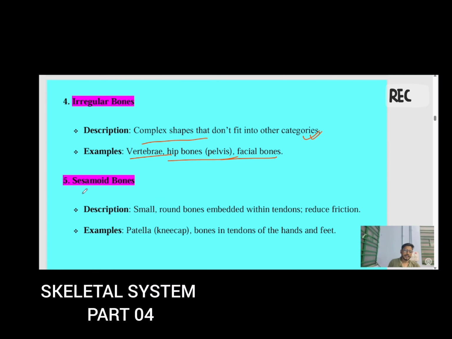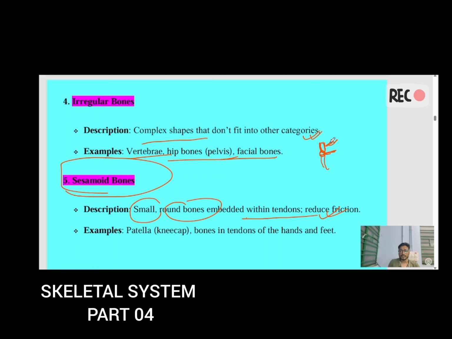Now the sesamoid bone. It is a small round bone embedded within a tendon and helps reduce friction. Here the patella absorbs the tensile force of the upper portion.